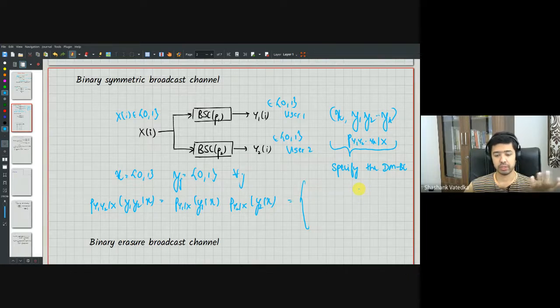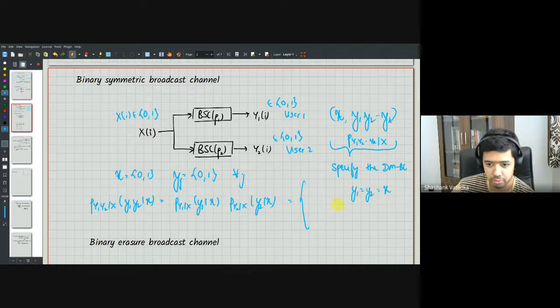So y1 can be different from x, and y2 can be different from x. So y1 equal to y2 equal to x. So what is the probability of seeing a y1, y2 if y1 is equal to y2 is equal to x?